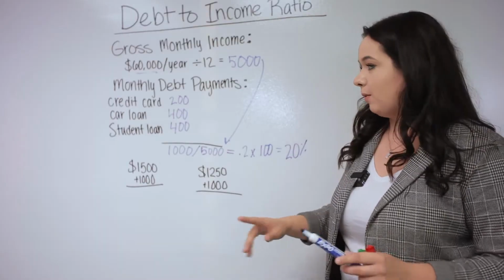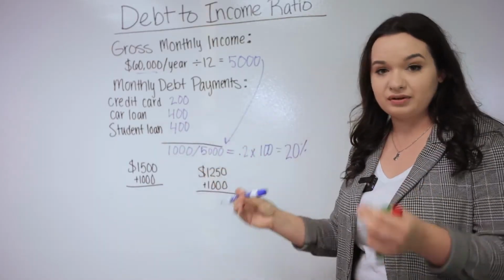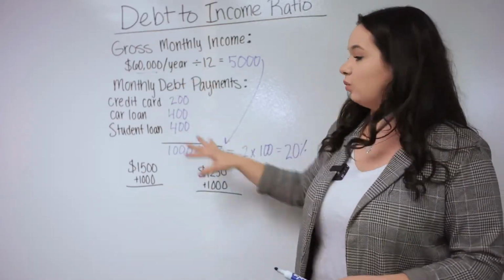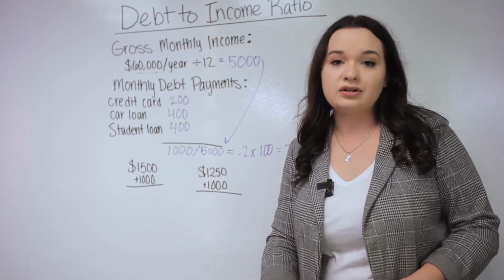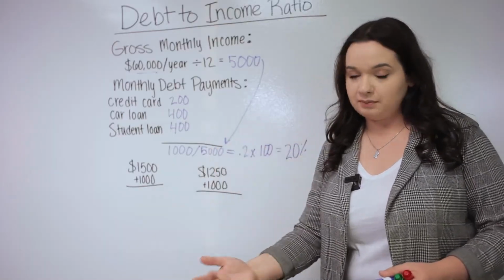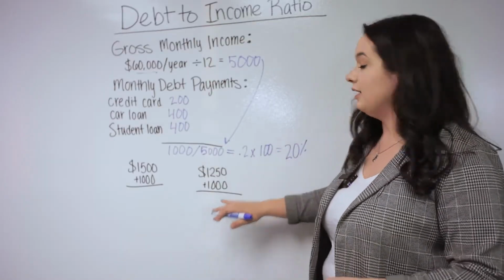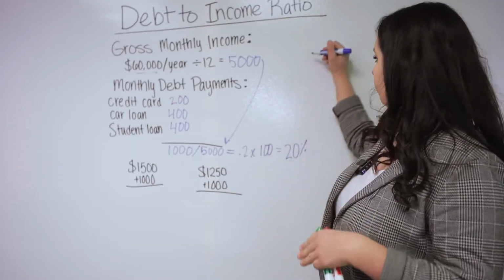For this example, I am going to use a maximum of 45% debt to income ratio. That is a good goal for when you're working this calculation out, because that will be accepted by most lenders and most loan types. So our goal with our house payment is to stay at 45% or lower.